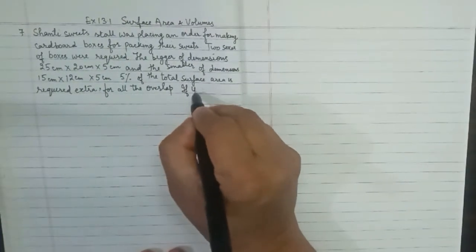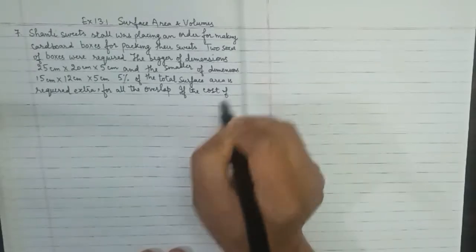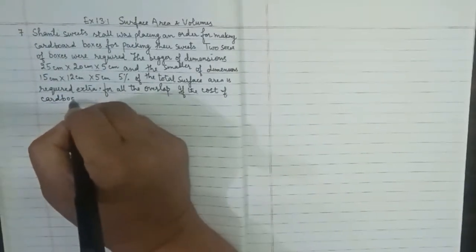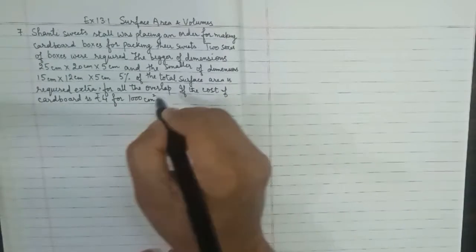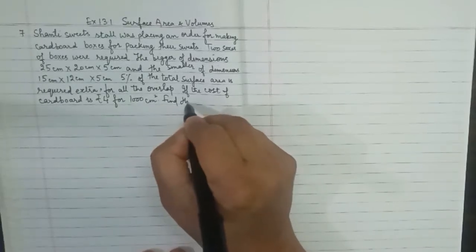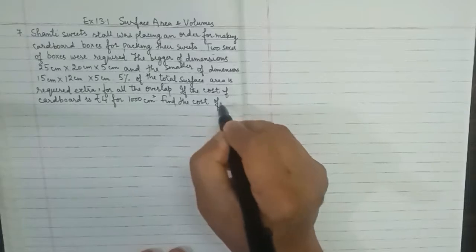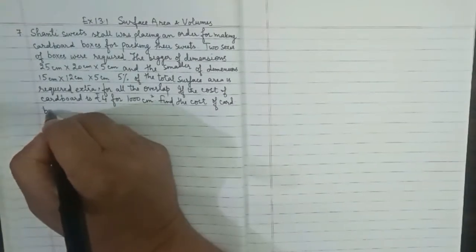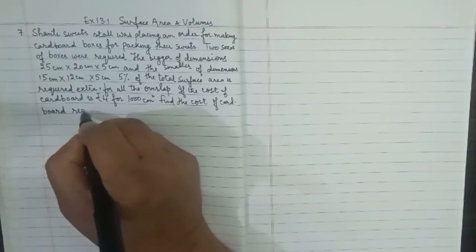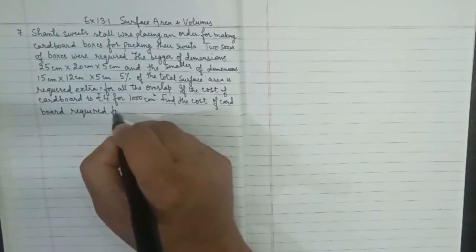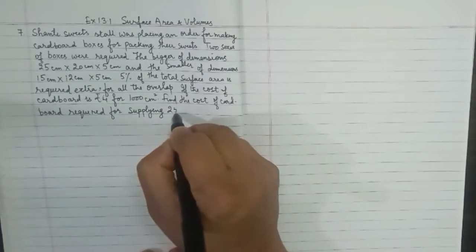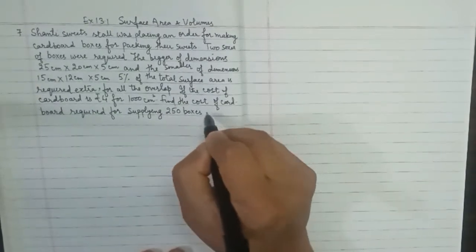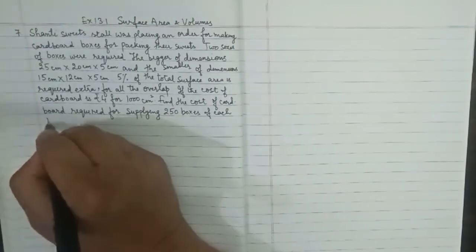If the cost of cardboard is ₹4 for 1000 centimeter square, find the cost of cardboard required for supplying 250 boxes of each kind.